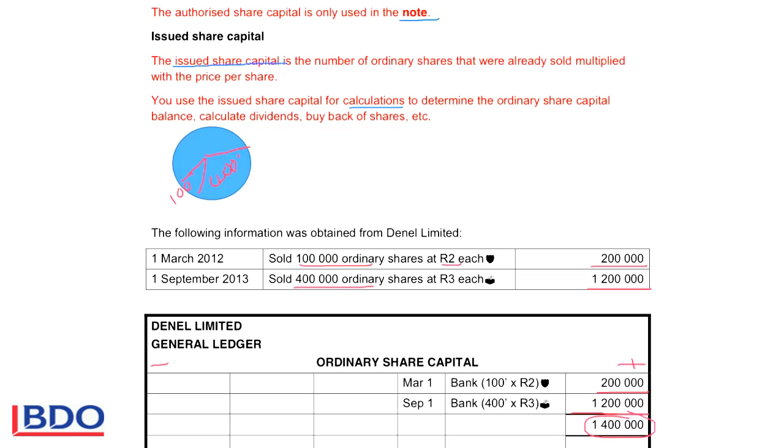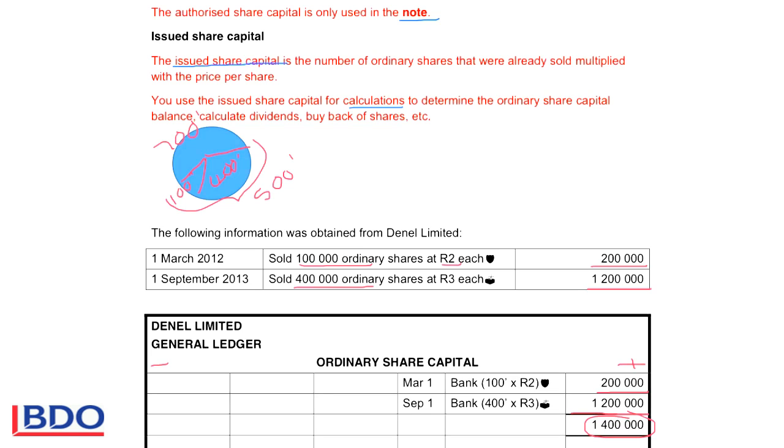If we look at the cake, how many shares did we already sell? We've already sold 500,000 shares. So how many shares can they sell in the future? 500,000 is left over. Okay, so it's very important to distinguish between the issued share capital and the authorized share capital.